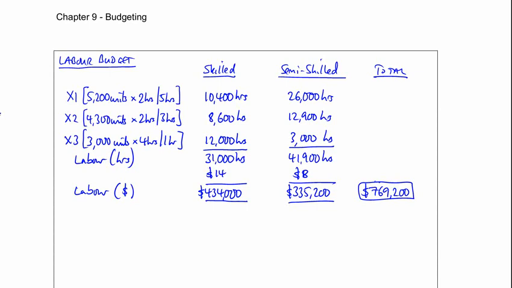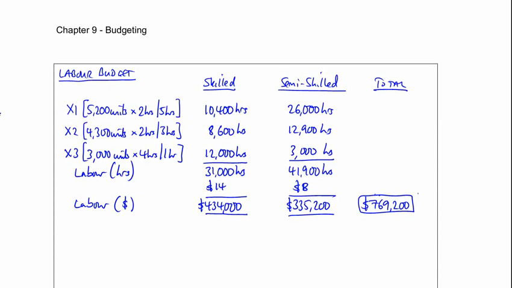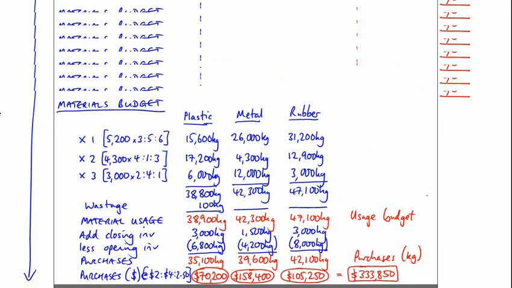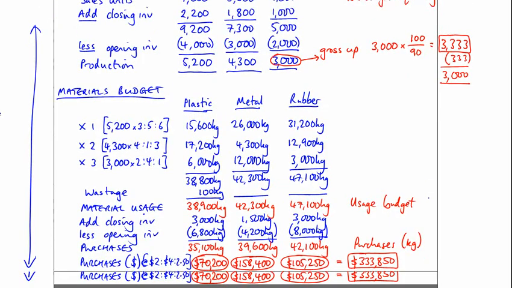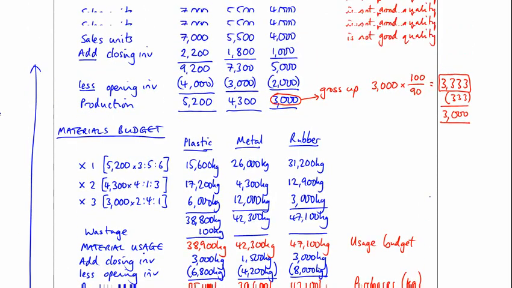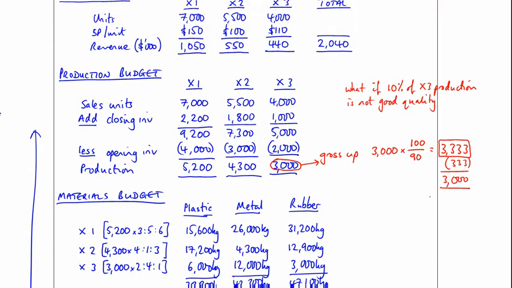Okay, so you can see there's quite a lot of work involved. You will expect to get two or three of these sort of budget preparation questions in your computer-based exam, because they really test quite well your understanding of the way all the budgets fit together.